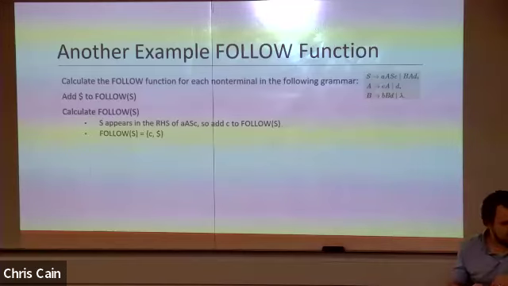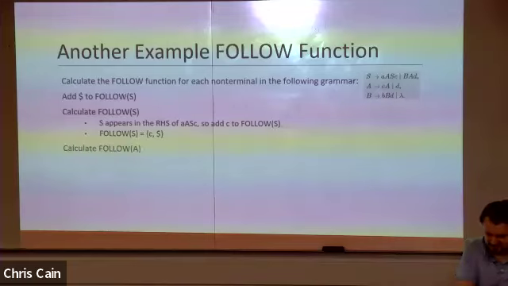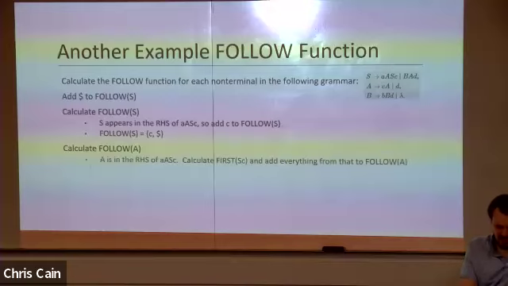It gets a little bit harder when we start to think about follow of A. What can follow A? So we see A in the right-hand side of which productions? We see A is on the right-hand side of A, capital SC.